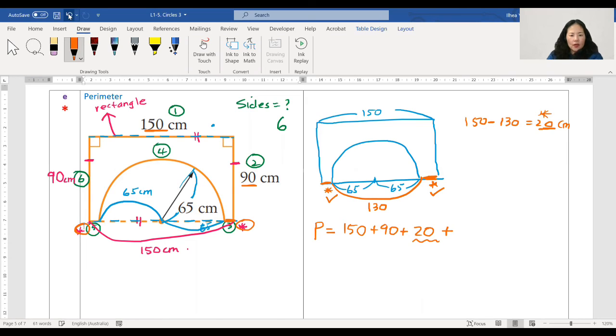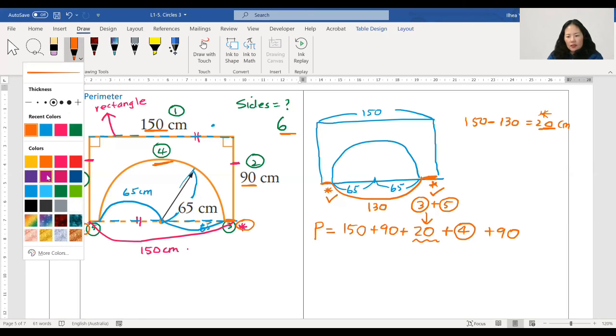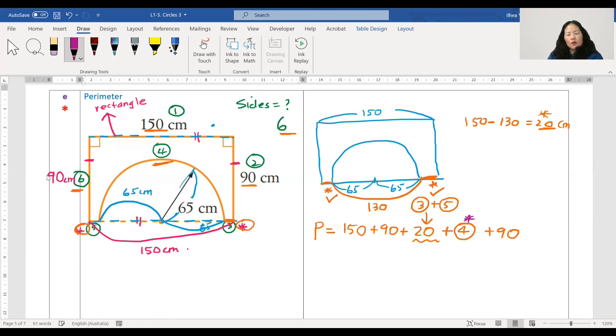And the fourth one, we don't know because that's what we have to find. And the sixth one is 90. Okay, so we're supposed to have 6, but we got 5 because this is the third one and the fifth one. So we do have 6 sides. Okay, so all we need to find is the fourth side, which is the curved part, this part.